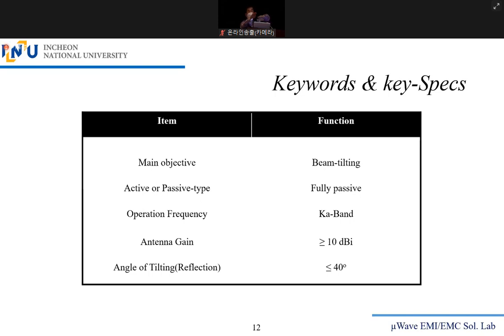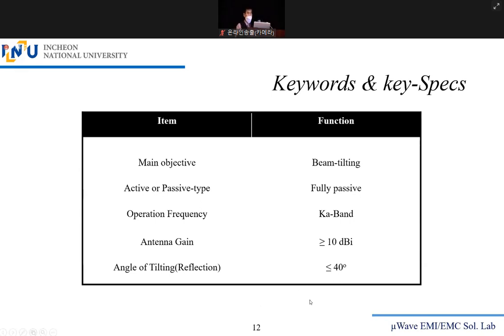According to electromagnetics, whether this is a metal surface or a dielectric material plane, such as plastic or wood, the reflection angle is the same as what? The angle of incidence. But in metamaterials, without regard to the angle of incidence, we can change the angle of reflection. That's what metamaterials do. That's what I do too.